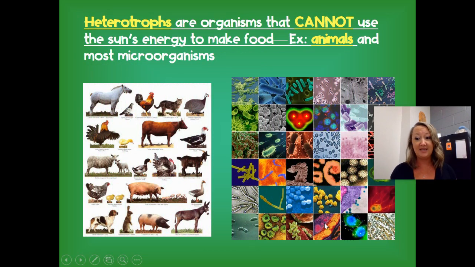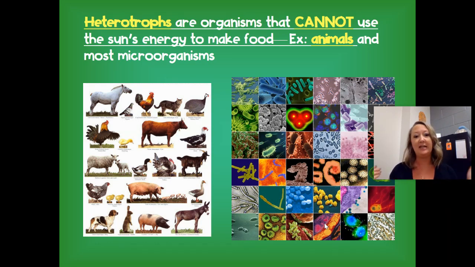Heterotrophs are the opposite of autotrophs. Heterotrophs cannot use energy from the sun to make their own food, so we have to consume autotrophs, right? We and lots of other animals on the planet take energy from plants and other organisms in order for us to be able to survive.